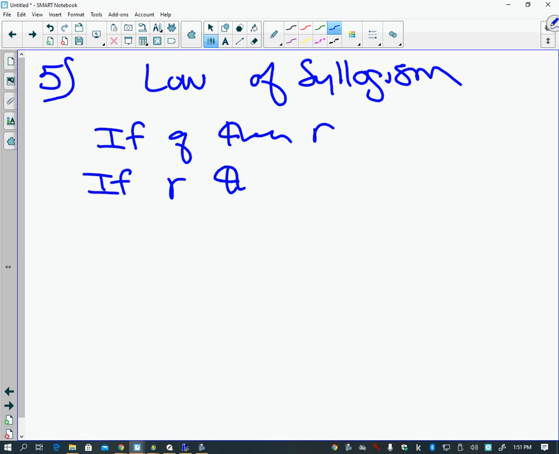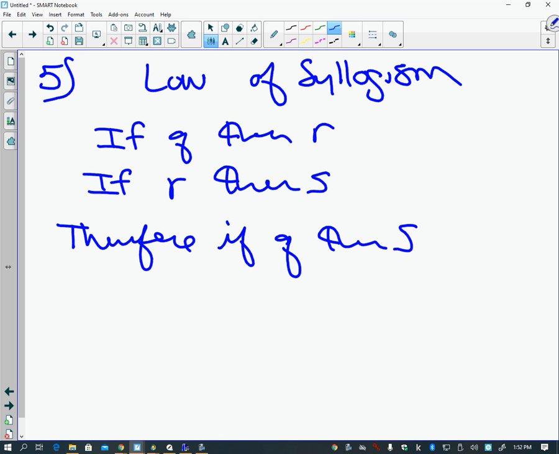If R, then S, and then finally, therefore, if Q, then S. Perfect. That's exactly what we're looking for. We're looking for three things, right? It is basically if A equals B and B equals C, then A equals C, right? It's equivalent to that, okay? So that's what we're trying to determine based upon this.